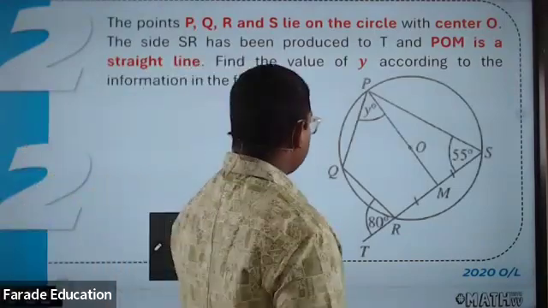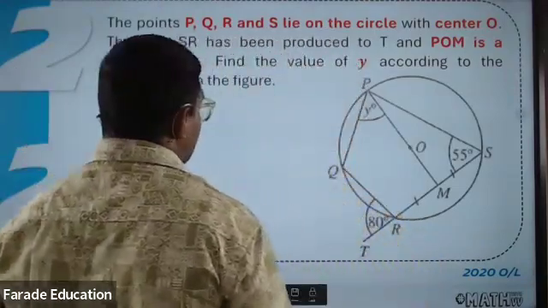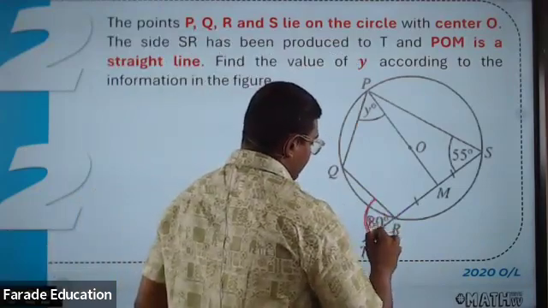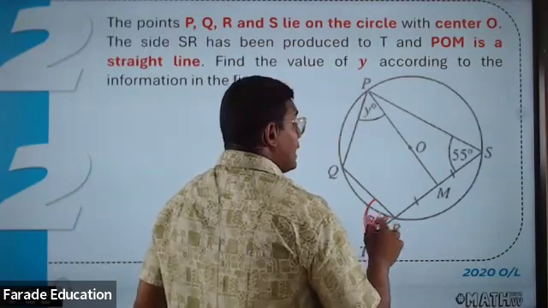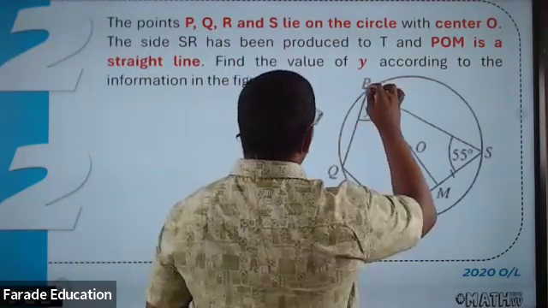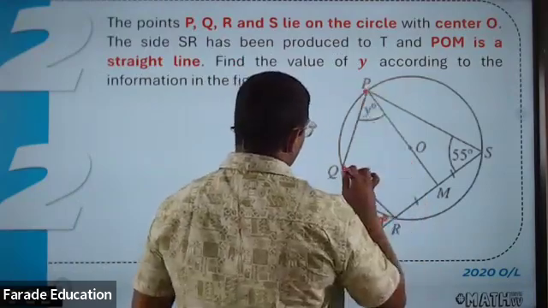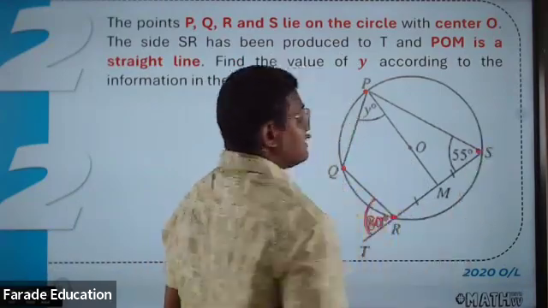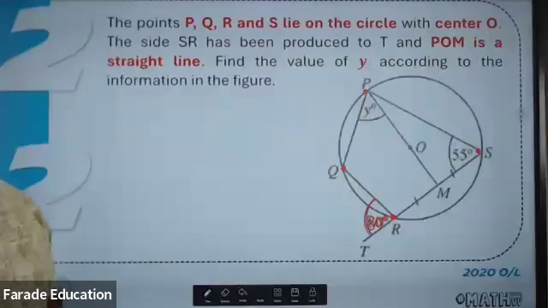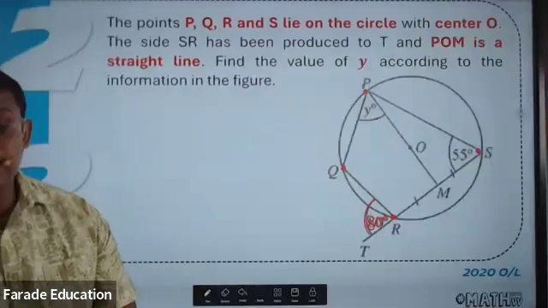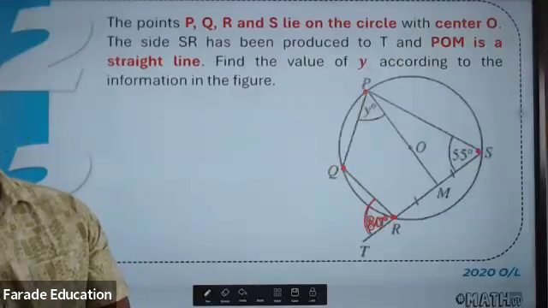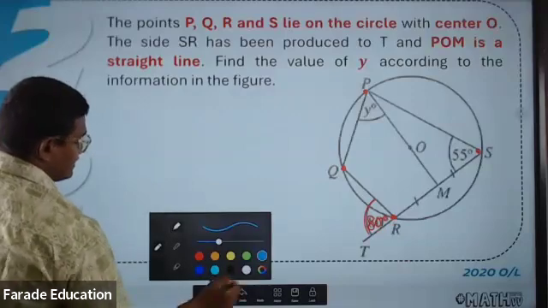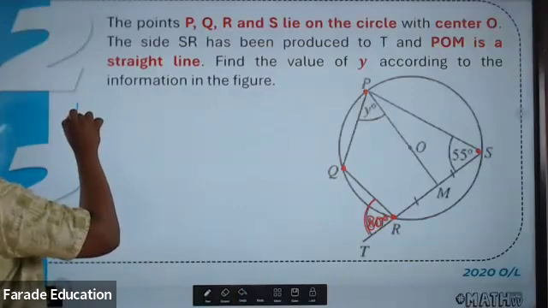Okay, here, now what they say is, this is the external angle, 80 degrees. Here, P, Q, R, S: they sit on the circle. Therefore, what can I say? PQRS is a cyclic quadrilateral.